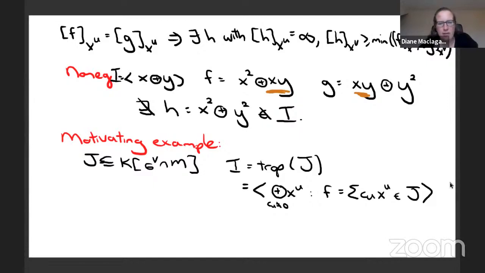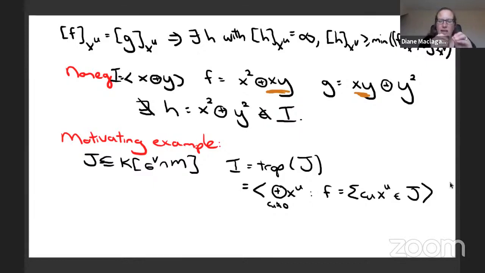So a non-example would be if I took the ideal just generated by x plus y, and I took f to be x squared plus xy and g to be xy plus y squared. Then the problem is we have two polynomials in this ideal.